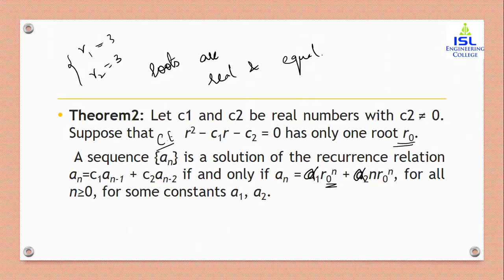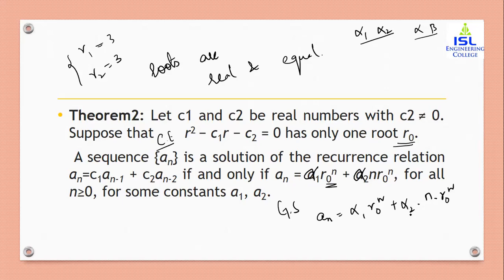And I have already mentioned in the previous class that mostly alpha 1 and alpha 2 are used as the constants. So that students do not get confused, I prefer using alpha beta over here. Now I am continuing with alpha 1 and alpha 2. So the general solution will be AN is equal to alpha 1 R0 power n plus alpha 2 into n R0 power n.